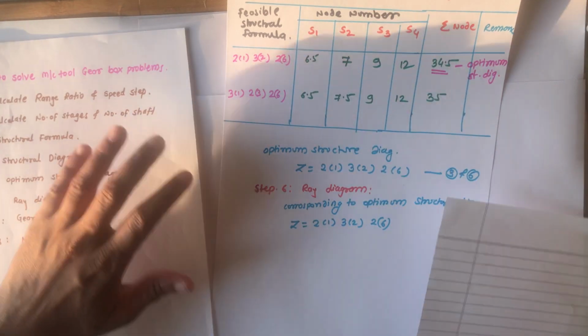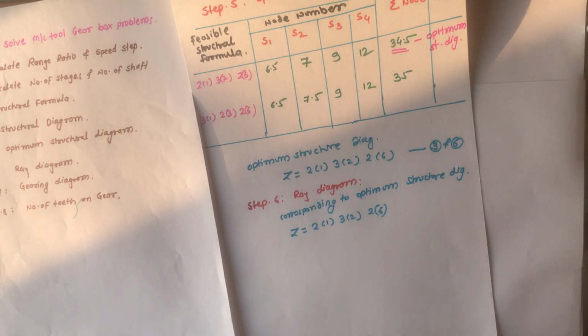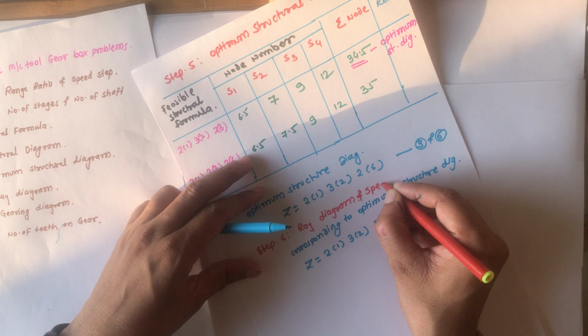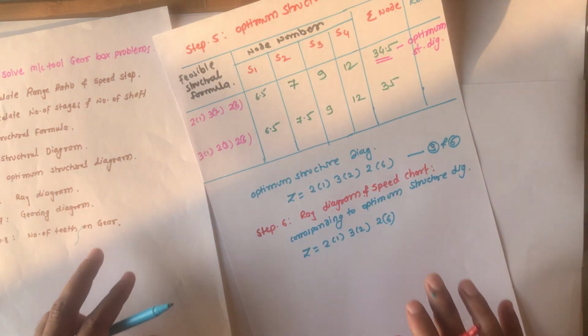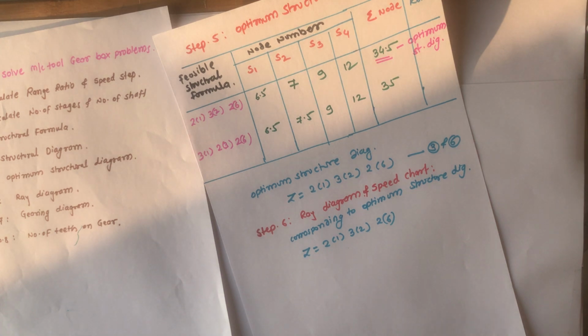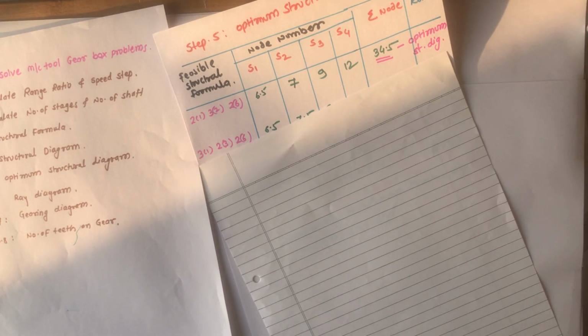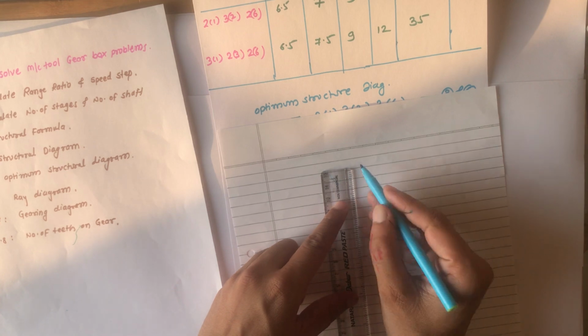So same, to draw the ray diagram we need ray diagram, and this is your ray diagram and speed chart. Now again same, for the ray diagram we need the number of shafts.